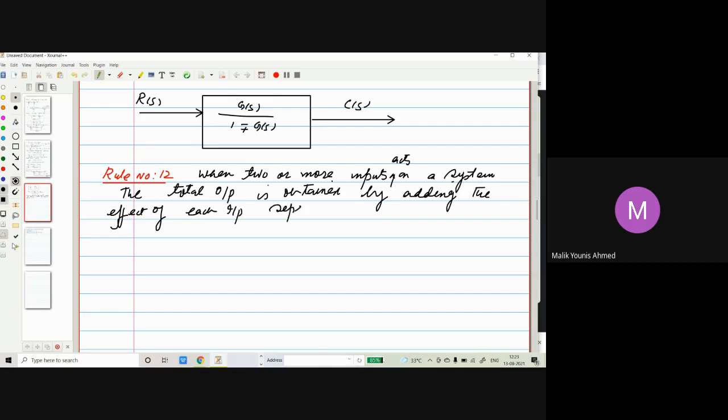What does that mean? That means that we have to use the superposition principle.